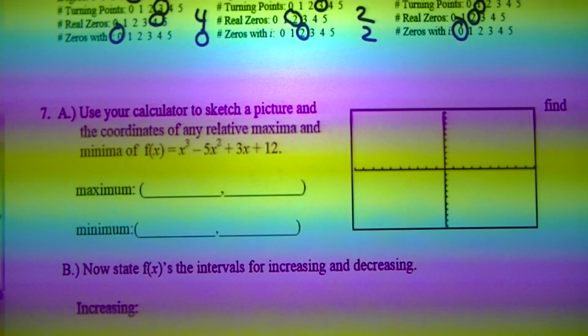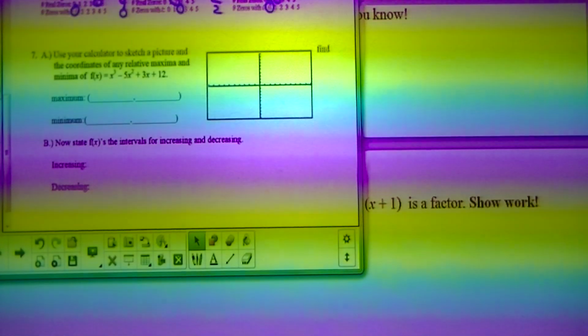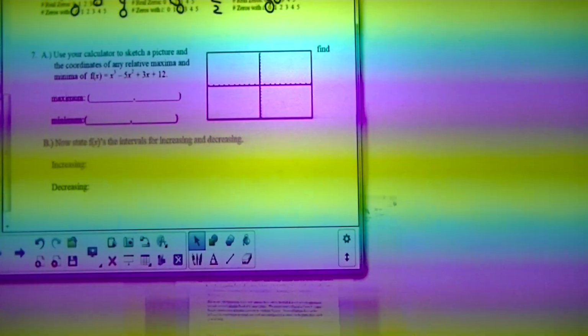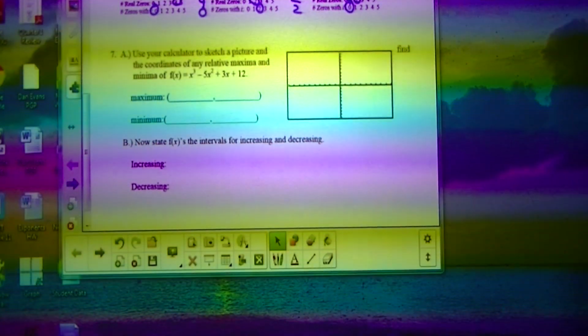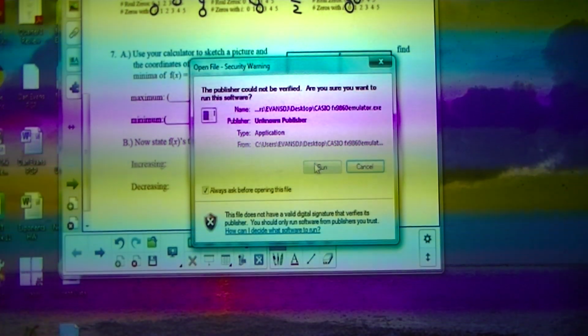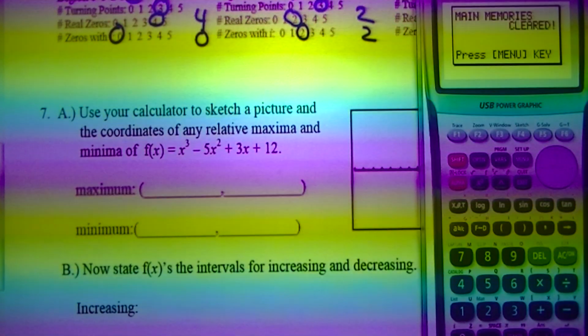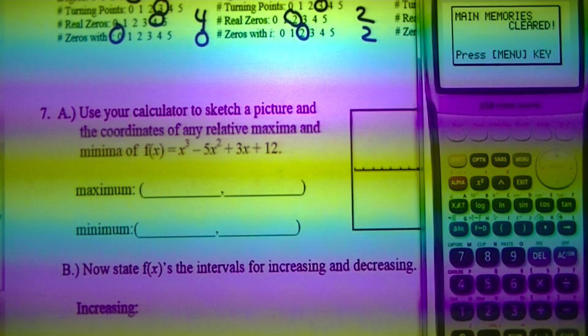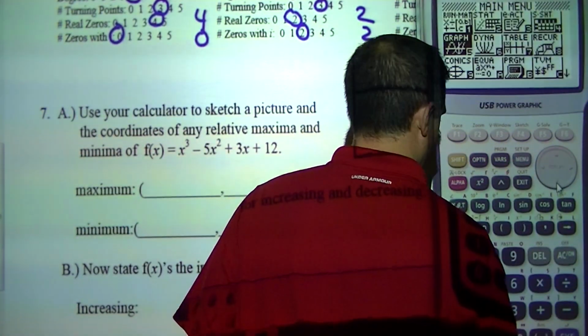Let me pull up the calculator. Okay. All right, so what I want to do is go in and graph this. So I'm going to menu, I'm going to graph.